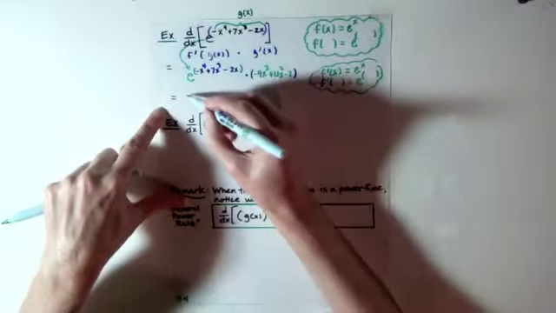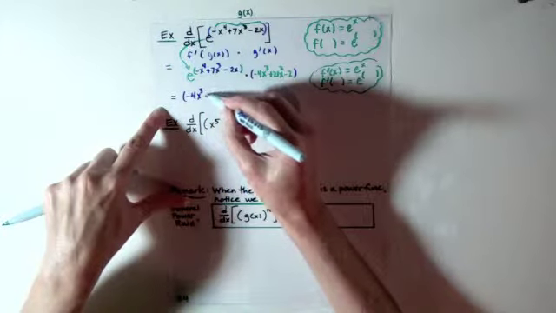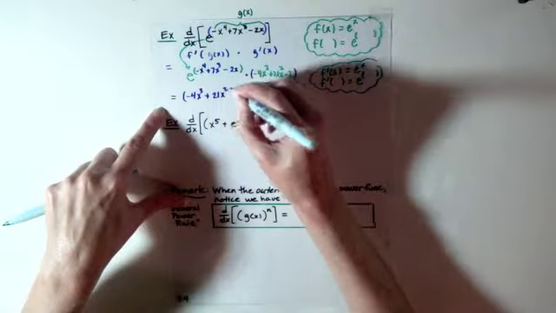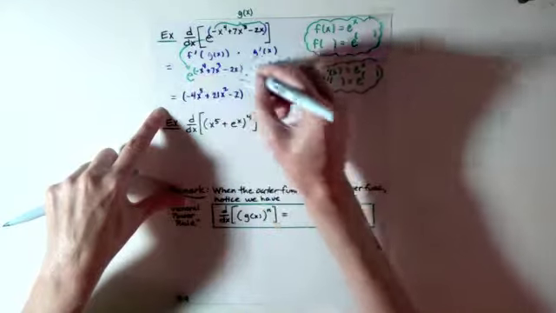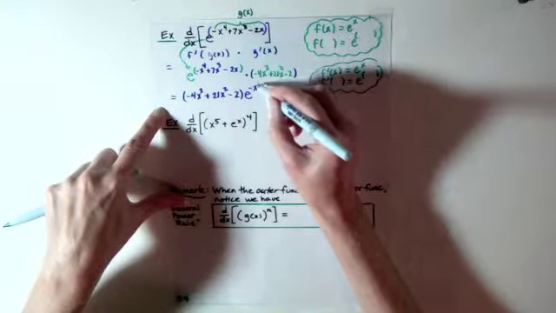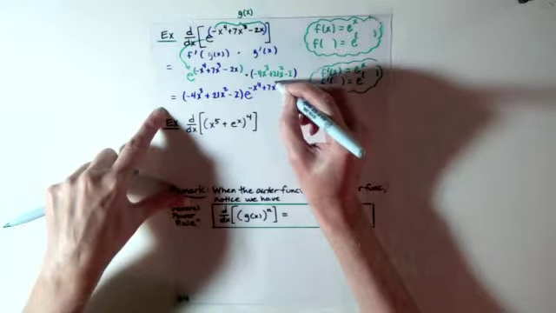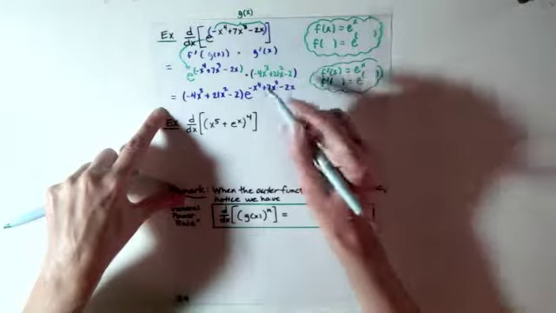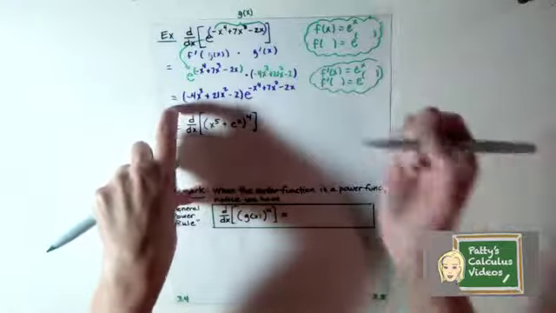So I would end up with minus 4x cubed plus 21x squared minus 2 times this other factor, e to the negative x to the fourth plus 7x cubed minus 2x.